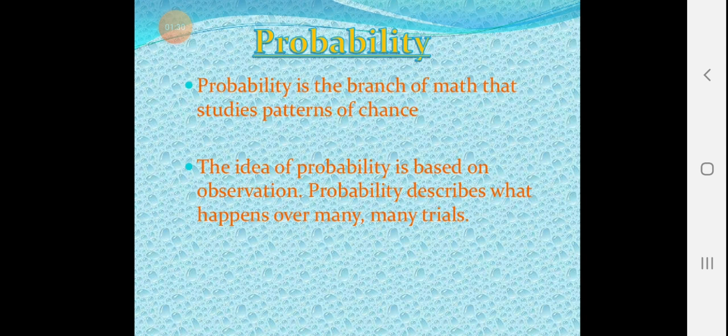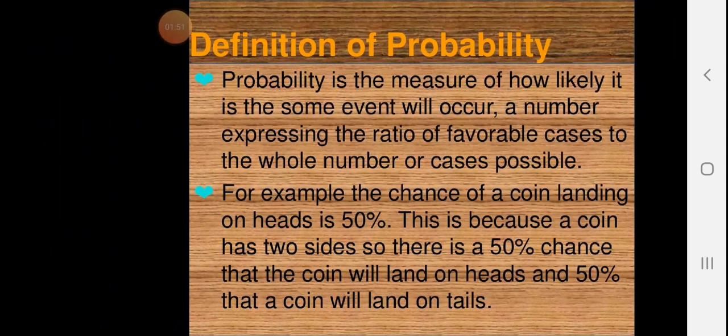The idea of probability is based on observation. Probability describes what happens over many trials. So, it is just about the chances of an event occurring in a certain way.